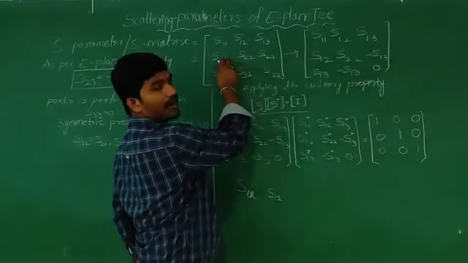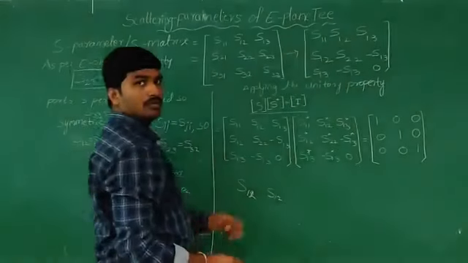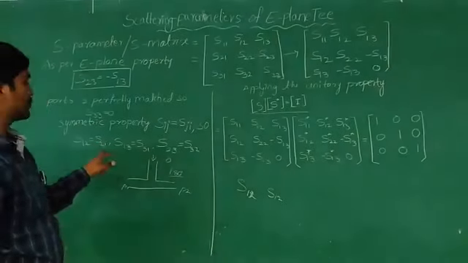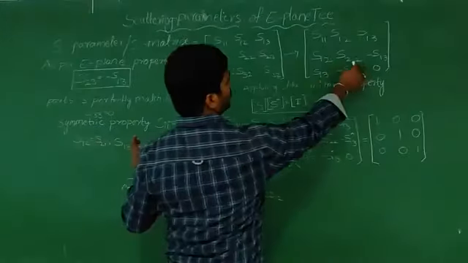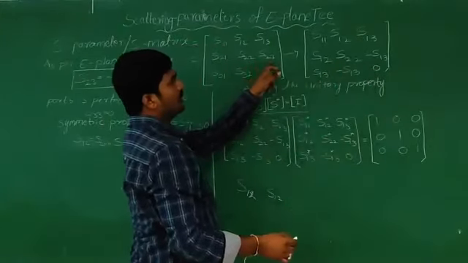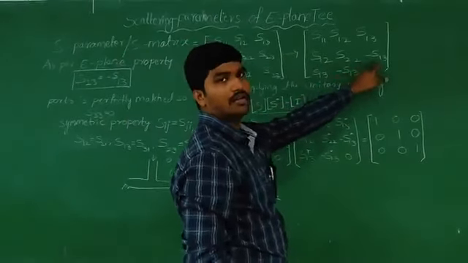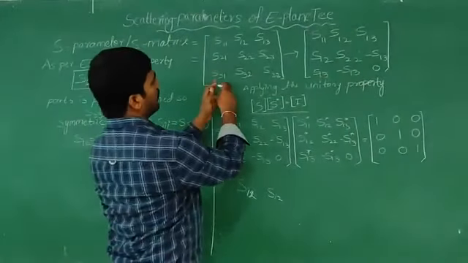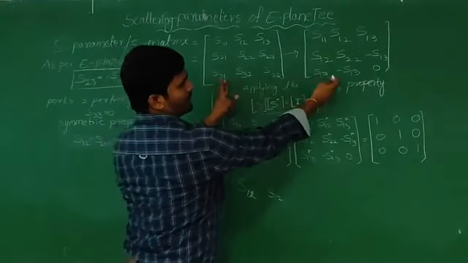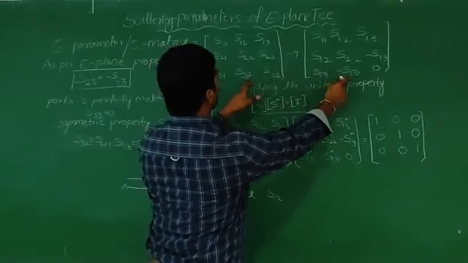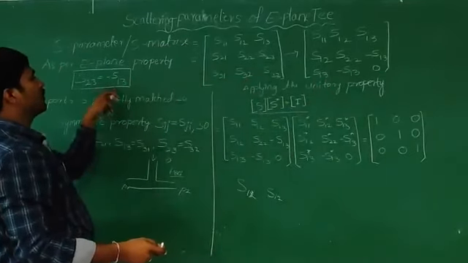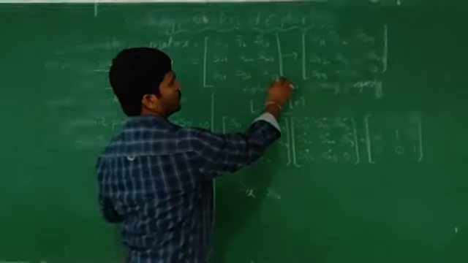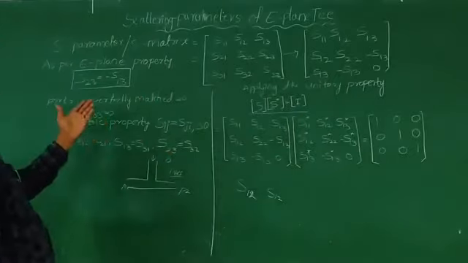Here S21 we can write as S12 by the symmetric property. Here S23 we can write as minus S13 by the E-plane property. Then S31 is S13 and S32 is minus S13. S33 is equal to 0 as per the perfectly matched condition.